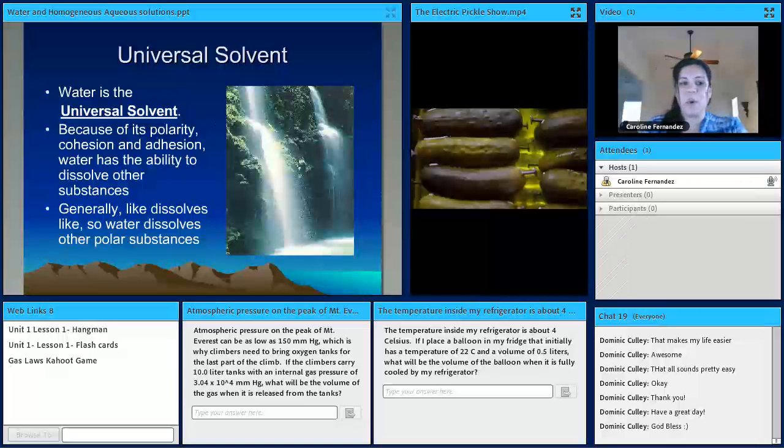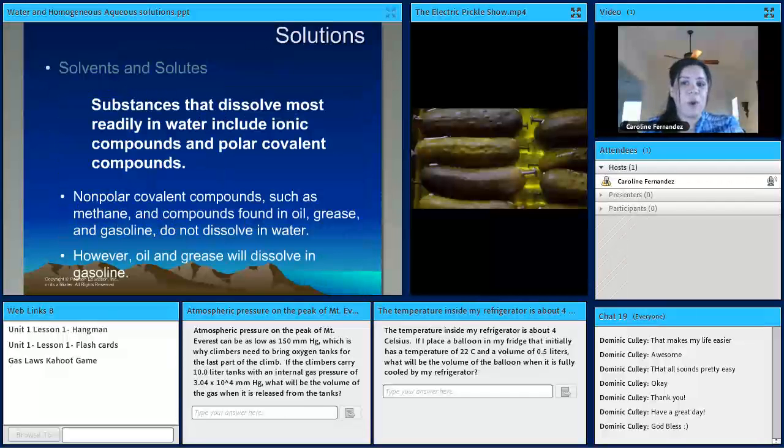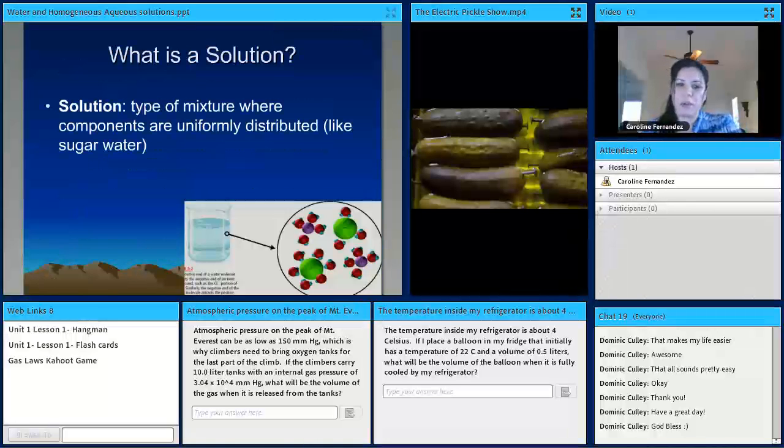So for example, water can dissolve salt because they're both polar. However, water cannot dissolve oil because oil is nonpolar. But gasoline, which is nonpolar, can dissolve oil. So nonpolar things can dissolve nonpolar things, and polar things can dissolve polar things.